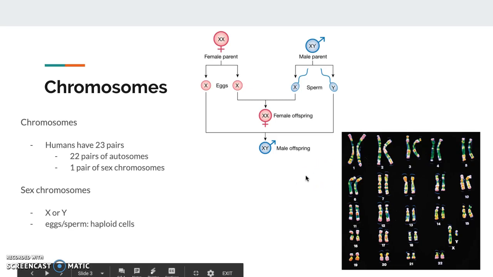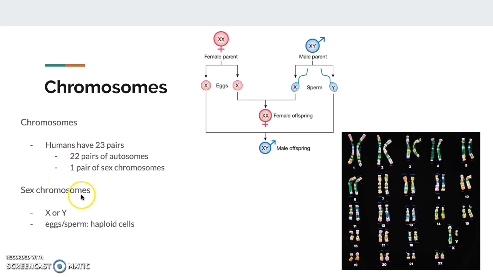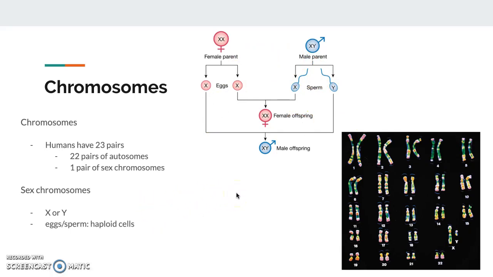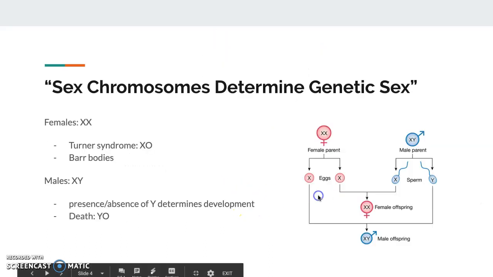We won't get into that too much, but it's a good way to remember. And so when it comes to sex chromosomes, you're either X or Y, which you can see here, and in this table here. And then, like we talked about, eggs and sperm are haploid, so they're 1N.